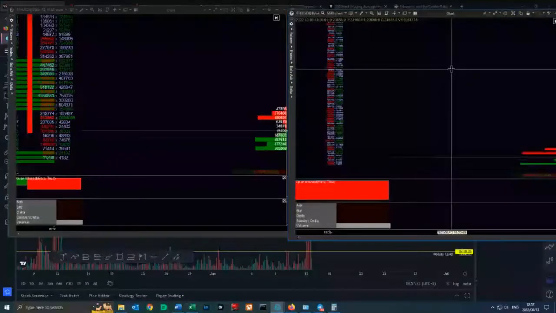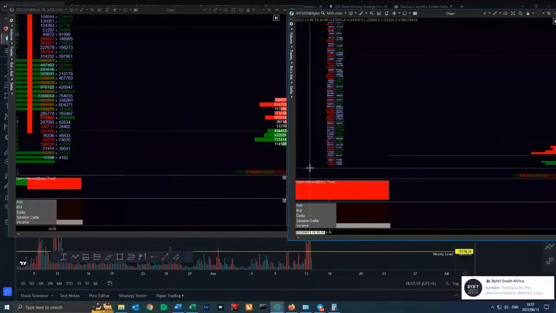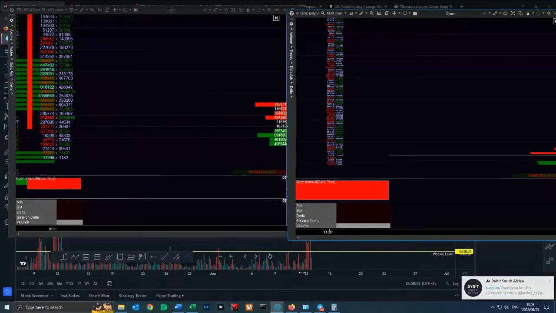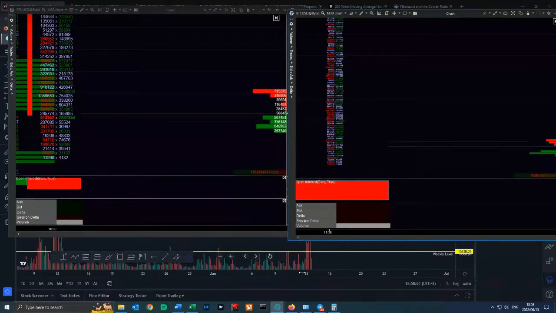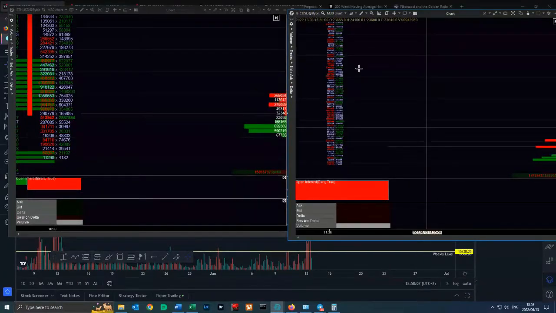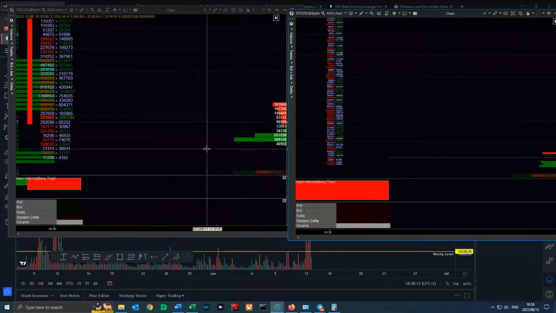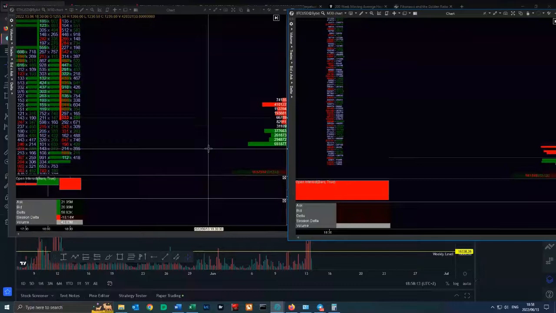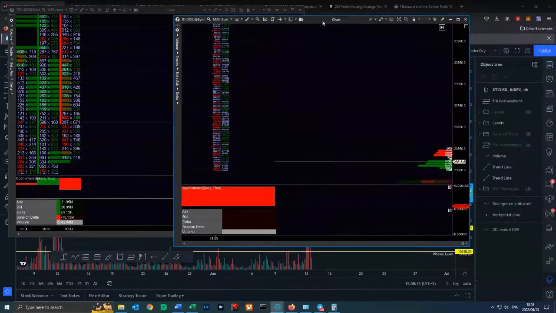I swap between my order flow, my open interest charts, and the candles, and it helps if I've got two screens. I put my charts on my right-hand screen and my order flow on the left-hand screen. Although this can show you open interest, there is a better place to see it, and we'll get into that as we go.